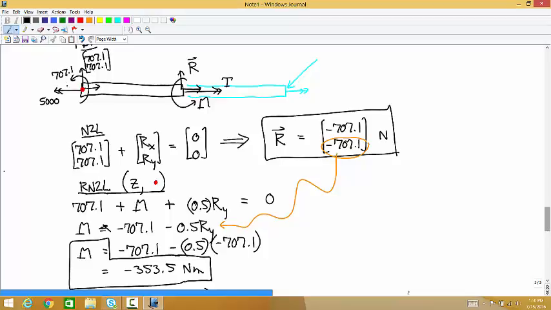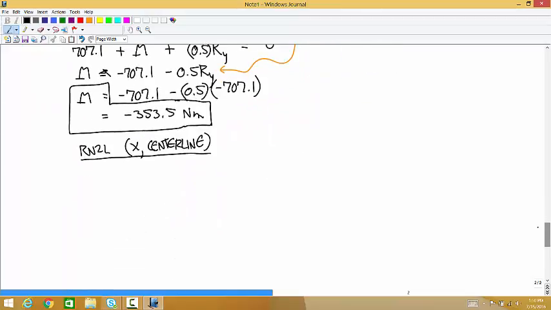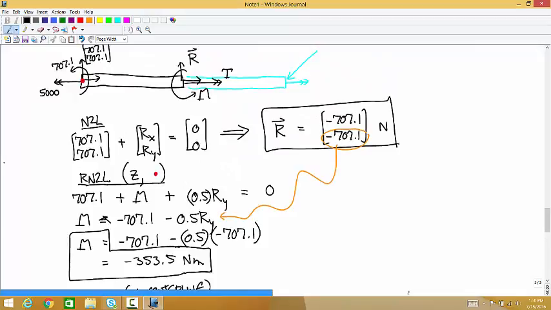Okay, so let's go through all these loads now, and we have to figure out which one of those apply moments about the x-axis. How about that 5,000? Yes. What's the sign? Negative this time. How about the 707.1? No. The force? Nope.